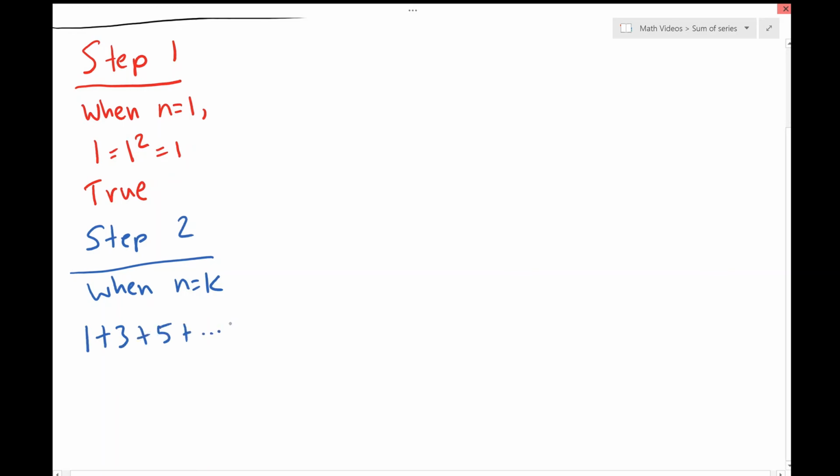So when n equals k, we have the sum here, 1 plus 3 plus 5 plus all the way till 2k minus 1 equals k squared. This is an assumption, and we'll treat this as a fact to prove the statement for when n equals k plus 1.